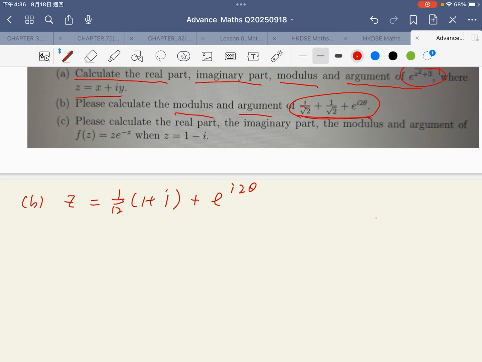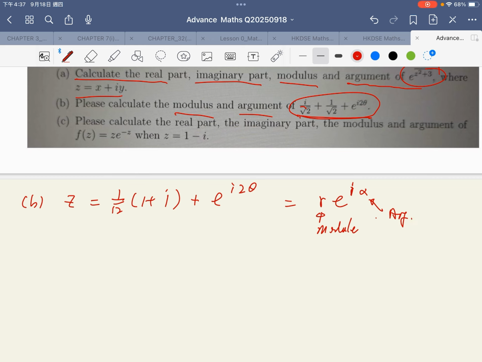I copy this, and I have to change this into the form r e to the i something. Then this is the modulus and this is the argument.